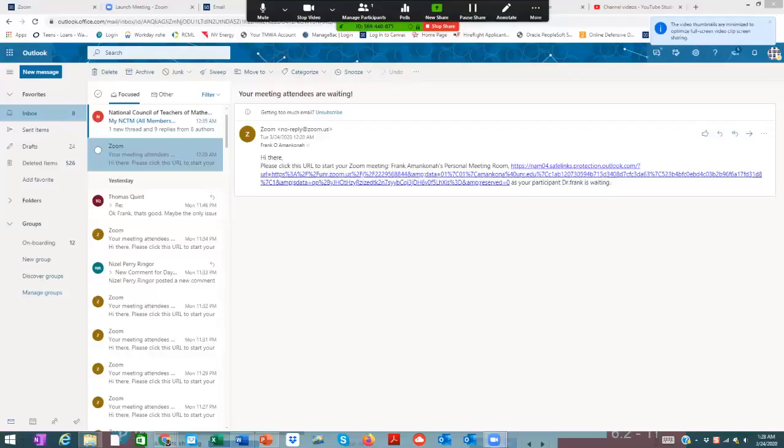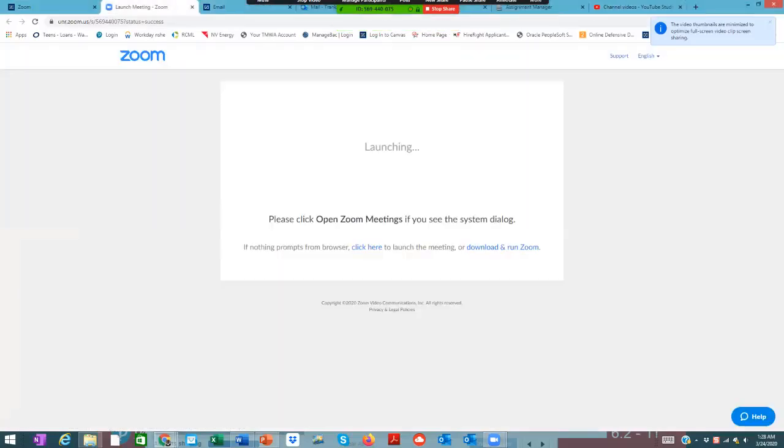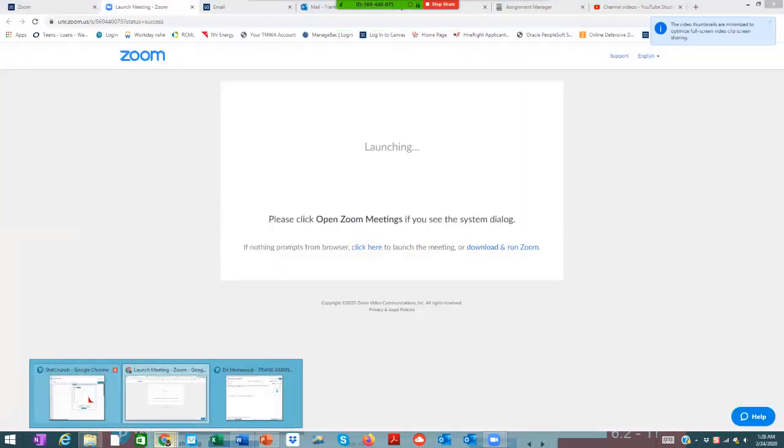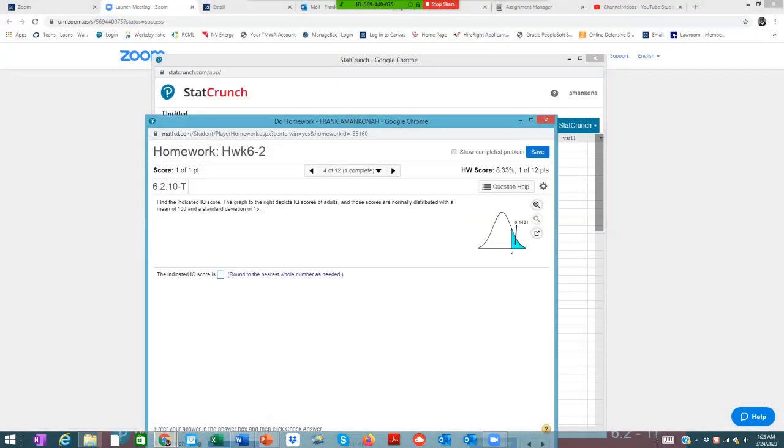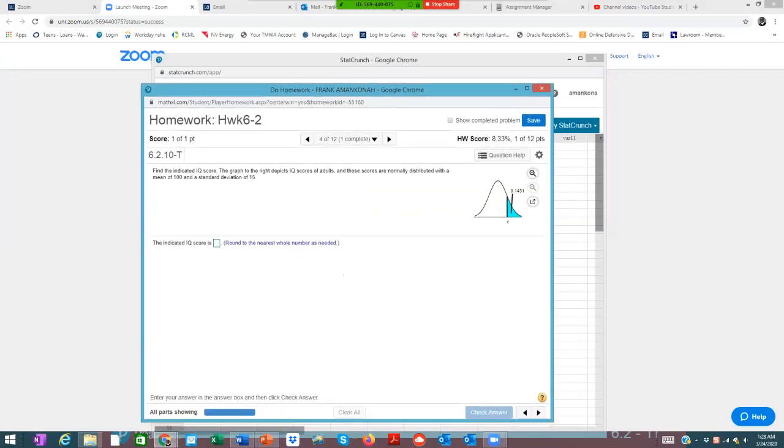So let's share my screen. Okay, so here's the question. So how do I find the X value? Now notice that we are given the area to the right, which is 0.1431. Okay, so I'm going to solve that for you.